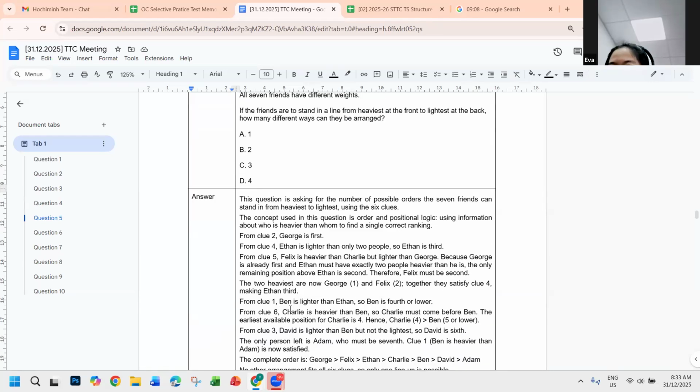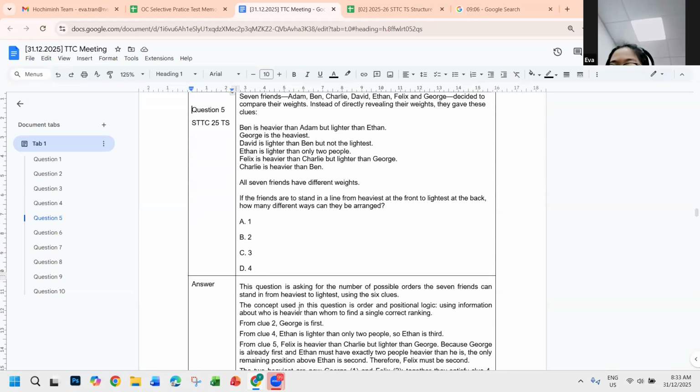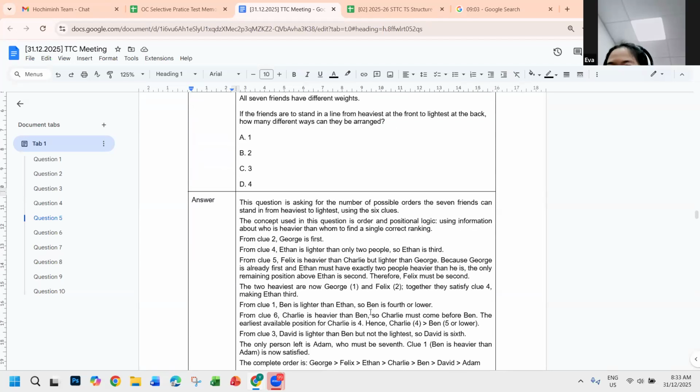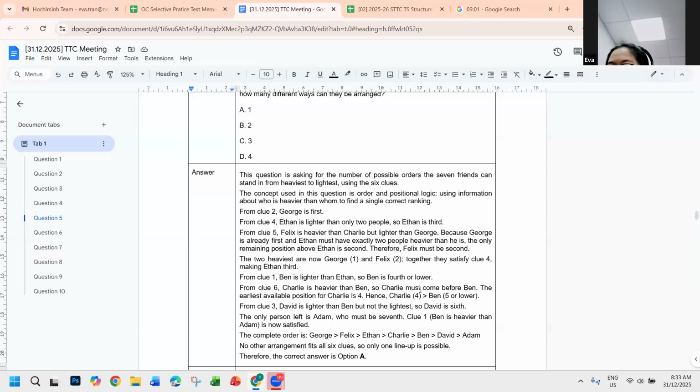And from clue 6, we have Charlie is heavier than Ben, so Charlie must be before Ben. So Ben cannot be the fourth position. This position is for Charlie, and Ben could be 5 or lower.